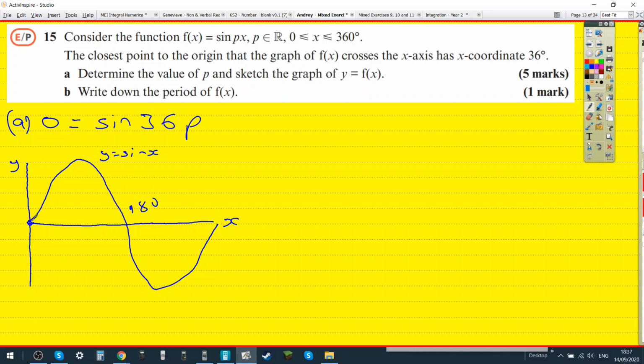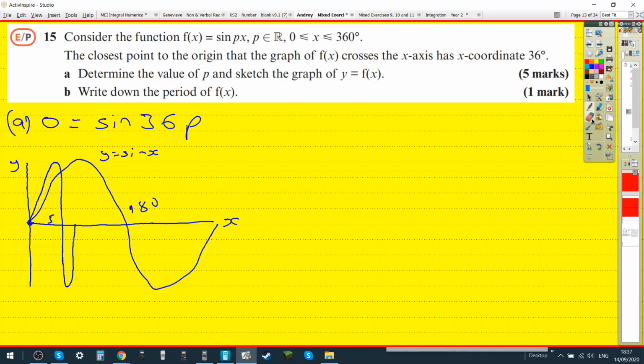And for this new graph, this 180 becomes 5. And so 5 times what gives you 180? No, sorry, 36. Sorry, 36.